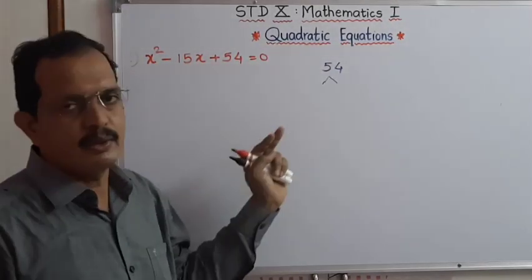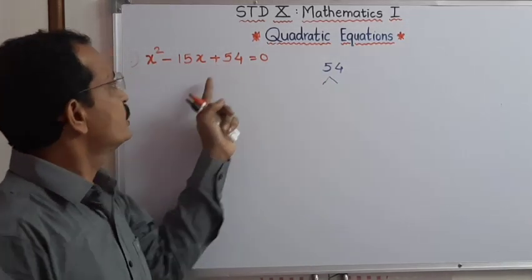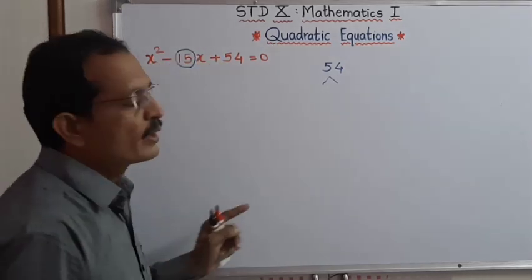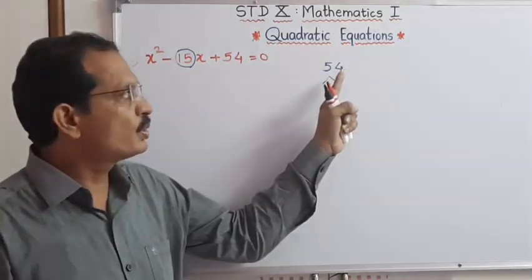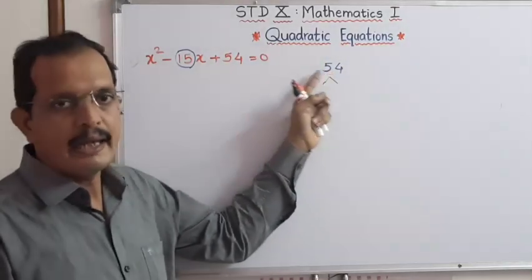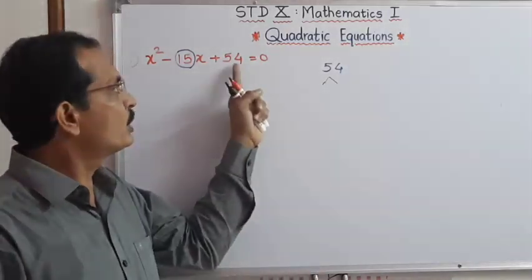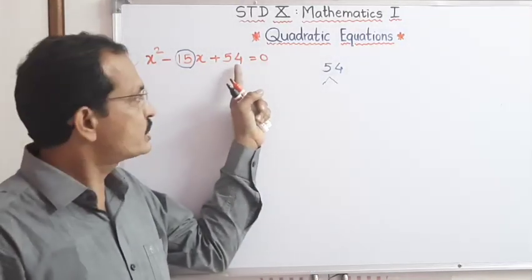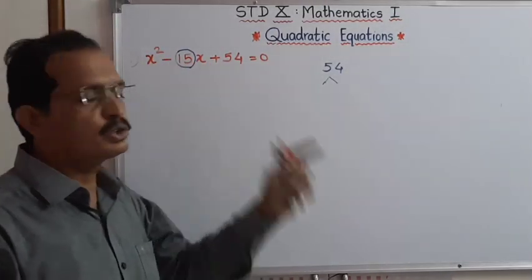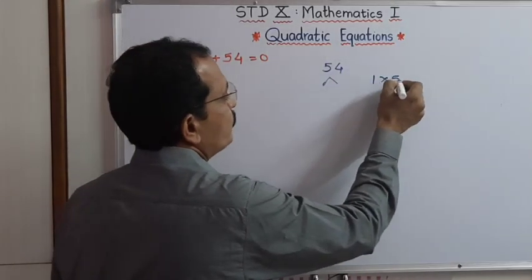Therefore we have to find the factors of 54 such that their addition should be 15. Two conditions: the multiplication should be 54 and the addition should be 15. Multiplication is compulsory. What about the addition? Because the constant term has the plus sign, the addition of those two numbers should be 15. I write here 1 into 54.